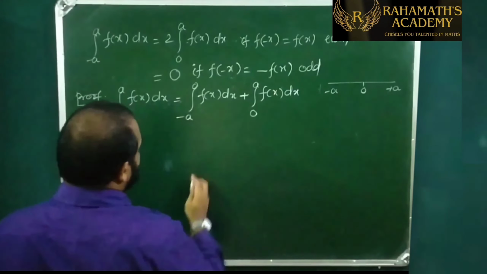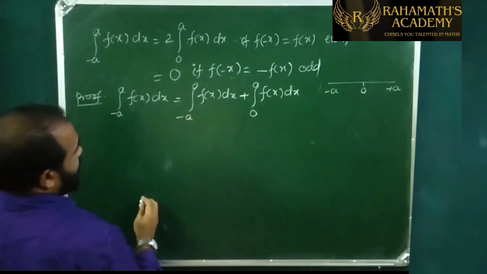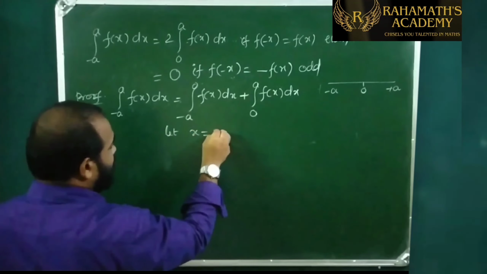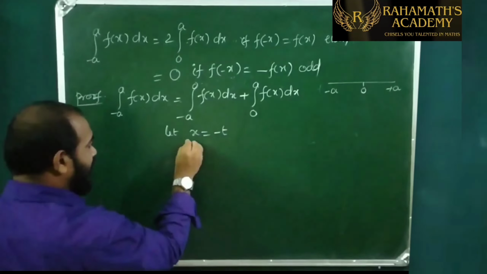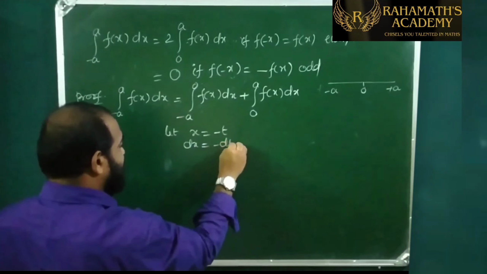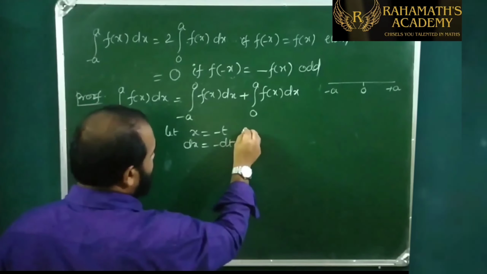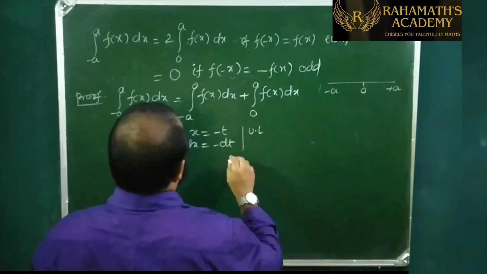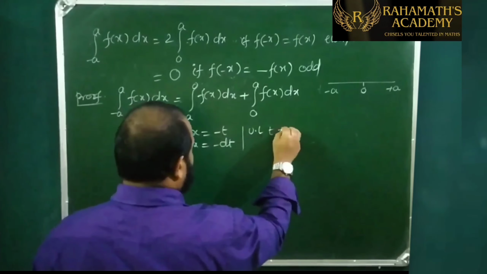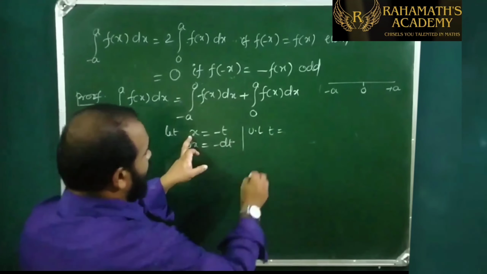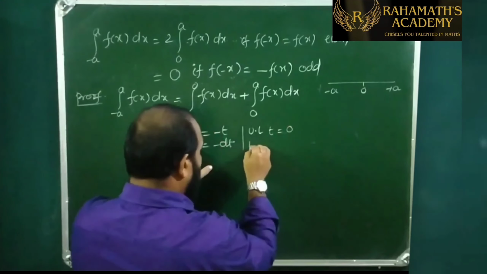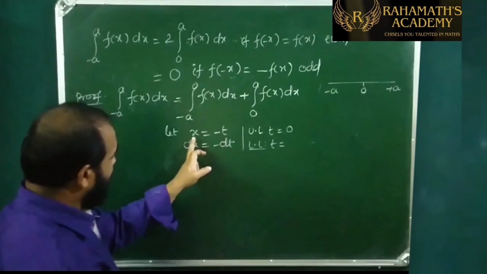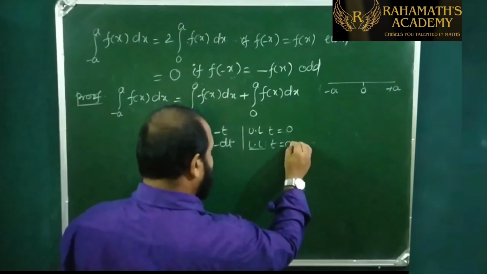So let us consider this. Let x is equal to minus t, then dx is equal to minus dt. Now change the limits. Upper limit: t is equal to minus x, so minus 0, so 0. Lower limit: t is equal to minus x, minus of minus, so plus a.